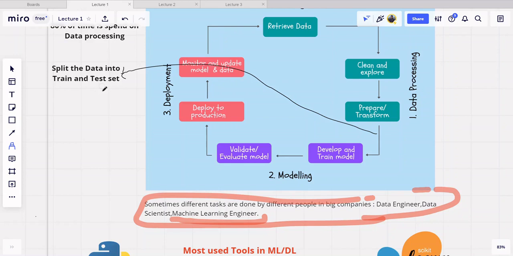Also, it is very necessary that you at least know some part of all this, at least have a working knowledge of all these different parts.